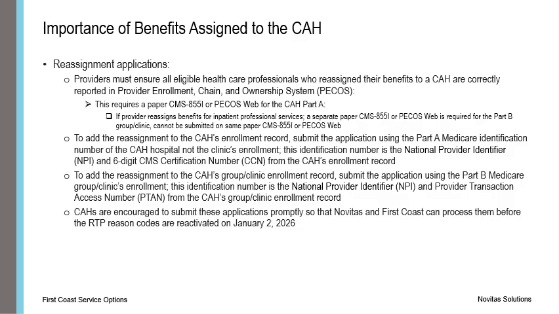This identification number is the NPI and the PTAN from the CAH's group clinic enrollment record. CAHs are encouraged to submit these applications promptly so that Novitas and First Coast can process them before the RTP reason codes are reactivated on January 2nd, 2026.